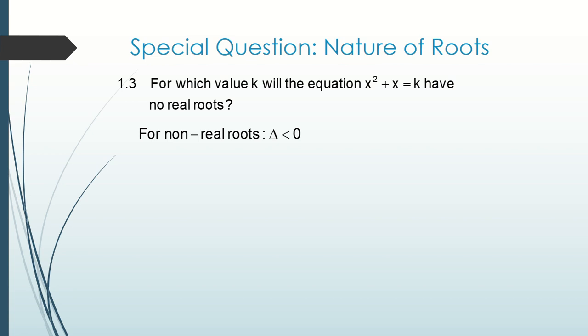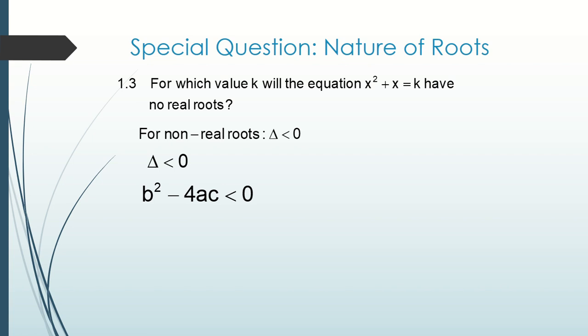Now, for no real root or non-real root, the discriminant should be less than 0. So what is a discriminant? It is b squared minus 4ac, which is what we find under the square root in our quadratic formula. So that is our discriminant.